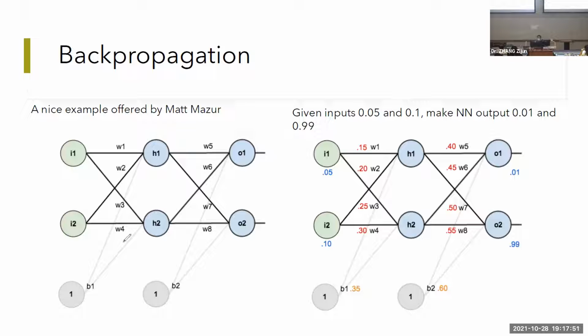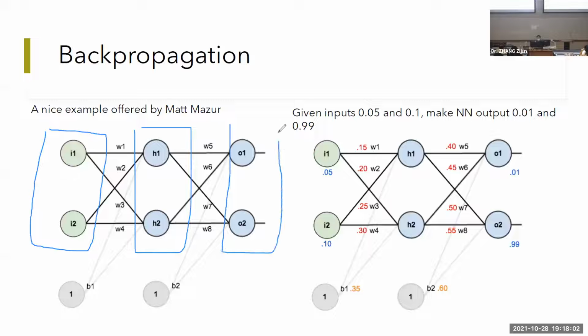In this example, we consider a 3-layer perceptron, with 2 input nodes, 2 hidden nodes, and 2 output nodes. It is a fully connected network, so all the nodes are connected with each other in a forward way.